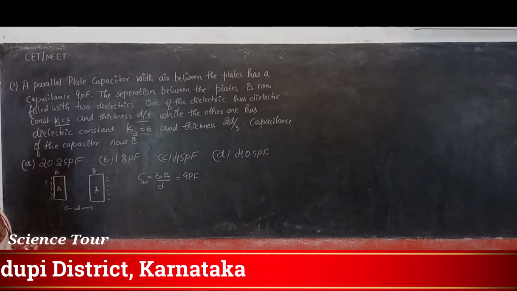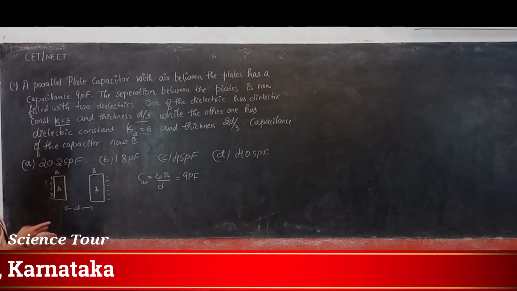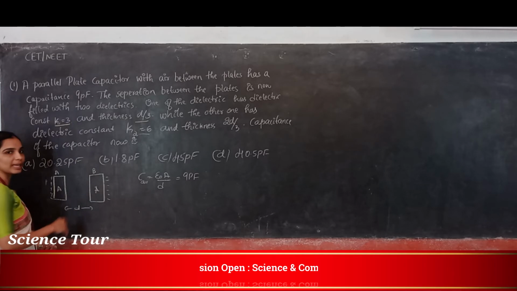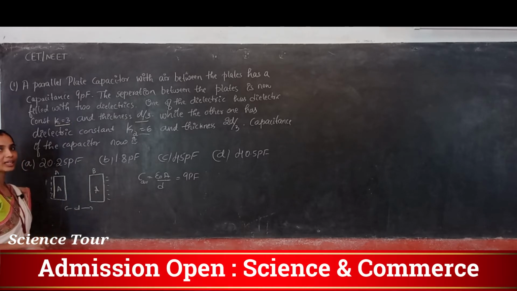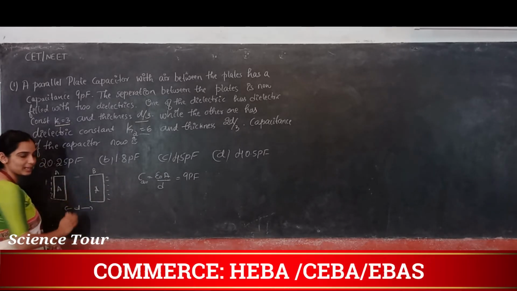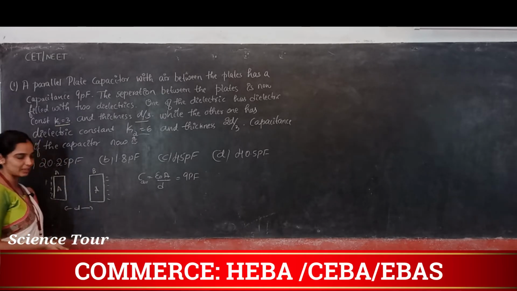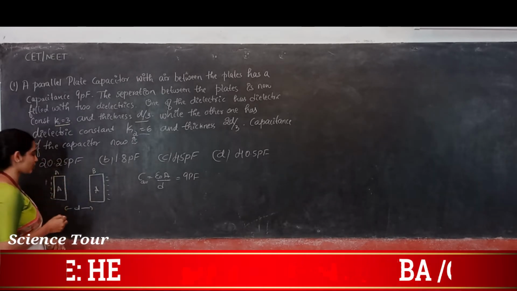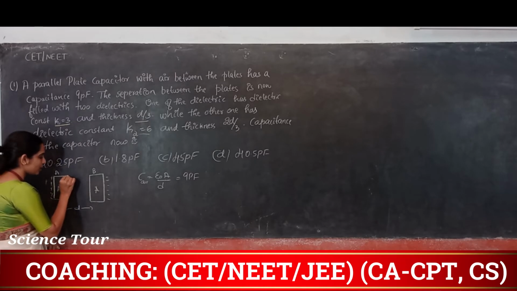Capacitance of the capacitor is... you should assume two dielectric materials in the gap. The separation between the plates is now filled, meaning you are not just placing one plate. It should be completely filled. So assume two dielectric materials. Here is one.